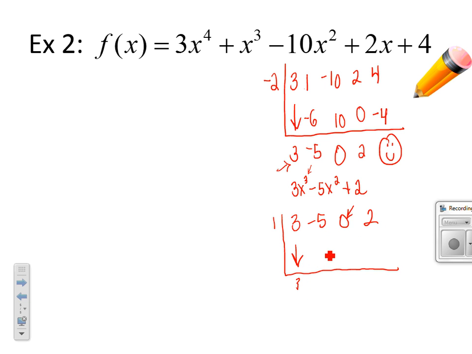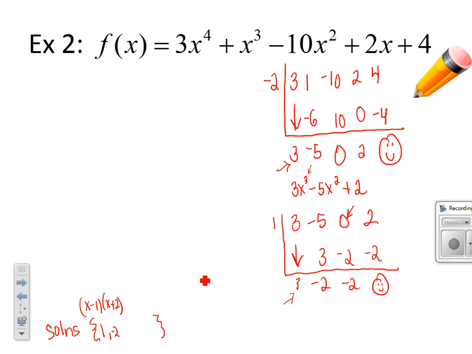Drop down the 3, multiply, add, multiply, add, multiply, add. Okay, so I have two solutions over here that I know work, which is 1 and -2. Those factors would be x minus 1 and x plus 2.